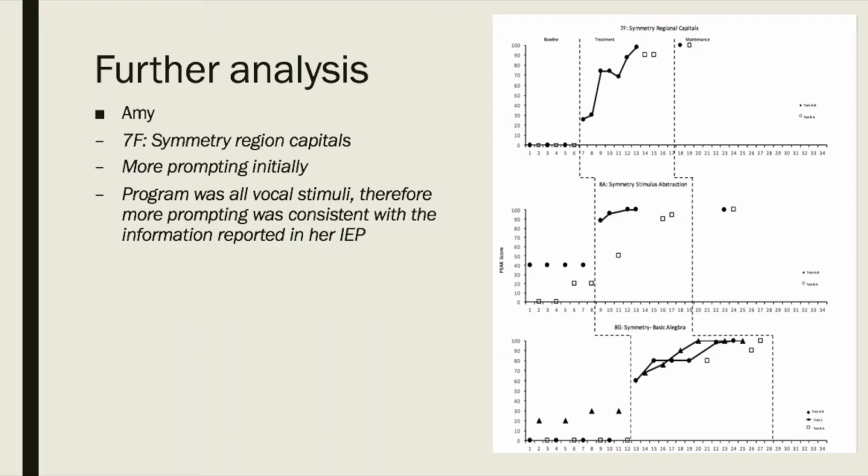Her IEP has in place some textual prompts or some assisted aid when it comes to a lot of that vocal stimuli. So this program was a little more difficult for her, but she was still able to derive those relationships over a period of time.